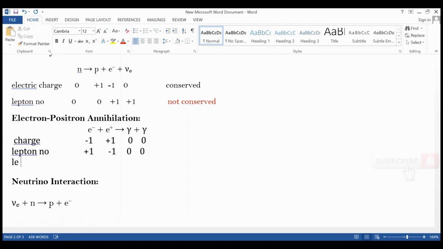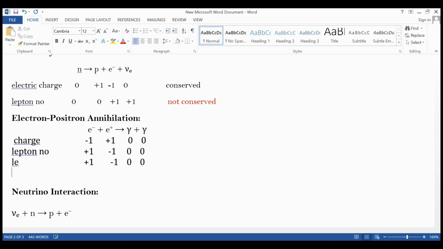If we further move towards the electron-lepton family, we will see it will also be conserved. For electron, it is +1. For positron, it is -1. And for these two, it is 0.